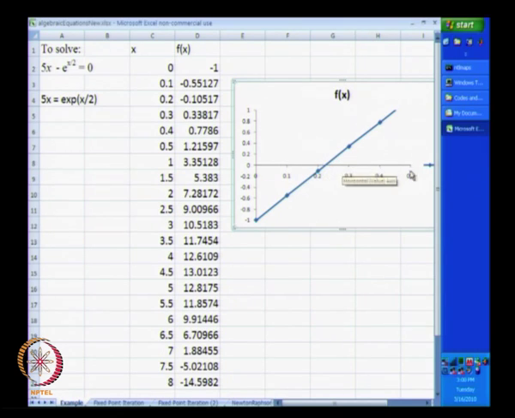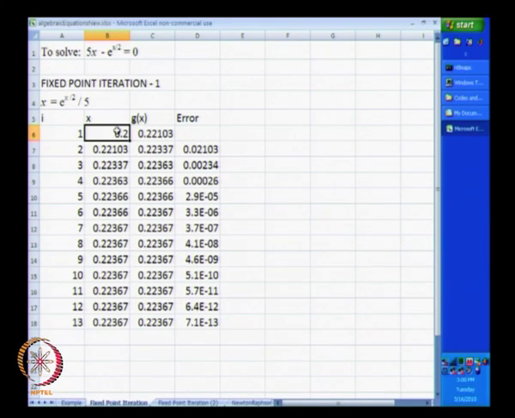Let us go a little bit further and start at 0.5 and see what is going to happen. So again I will change this particular number to 0.5, and from 0.5 we ended up at 0.25, 0.22 and so on.